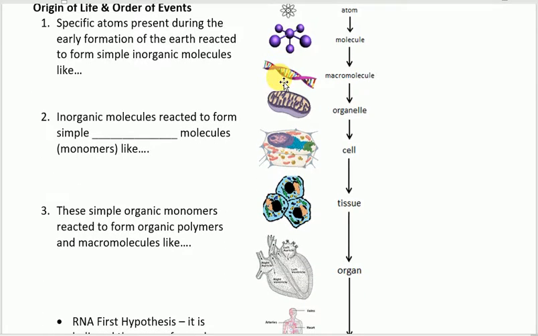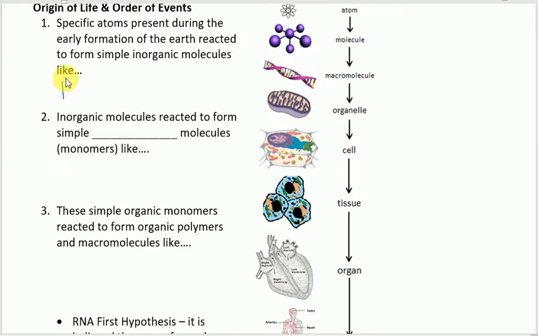Okay, so now we need to talk about the origin of life and the order of events. So we know that specific atoms were present during the early formation of the Earth, and they basically reacted to form simple molecules.